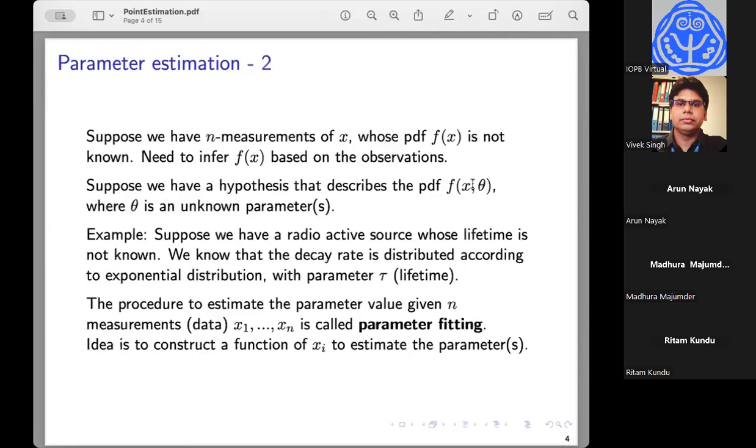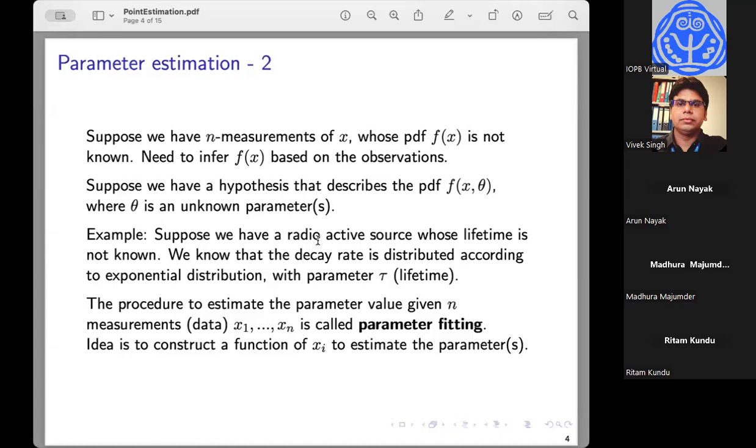Now in this case, suppose we got some observations from a radioactive source. We assume that radioactive decay will be exponential, so that is our hypothesis, with some parameter tau. Given that hypothesis, we define the assumed PDF.